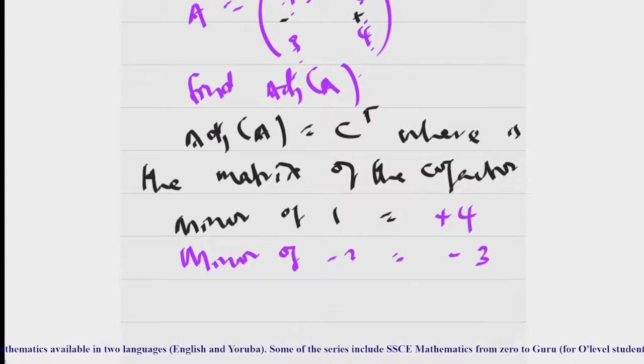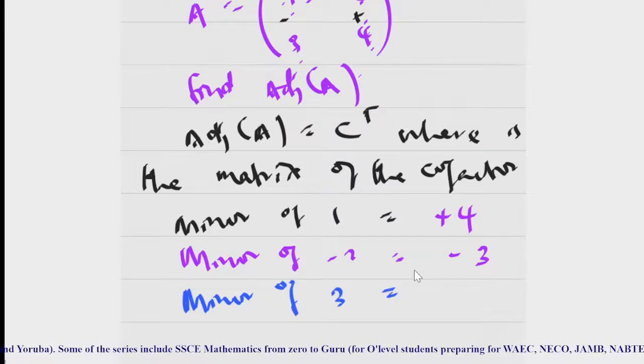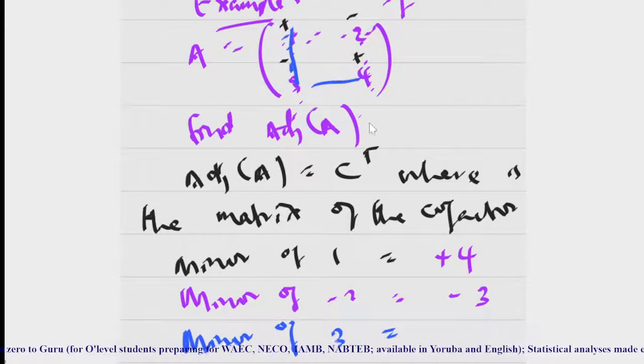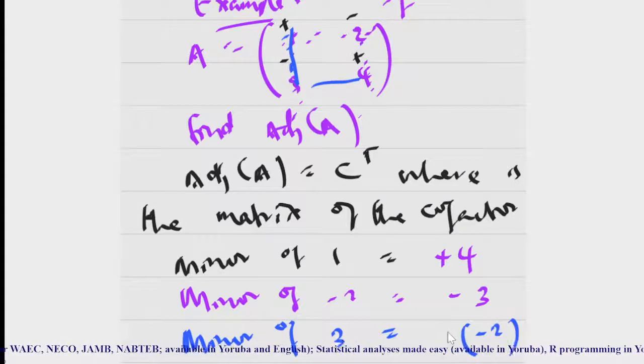Another thing you are going to do is find the minor of 3. The minor of 3 is obtained by clearing the row as well as the column. So this is the row, this is the column. What do you have left? 2. But don't forget the sign on top of the cofactor is minus, so it is minus 2. You put it here.